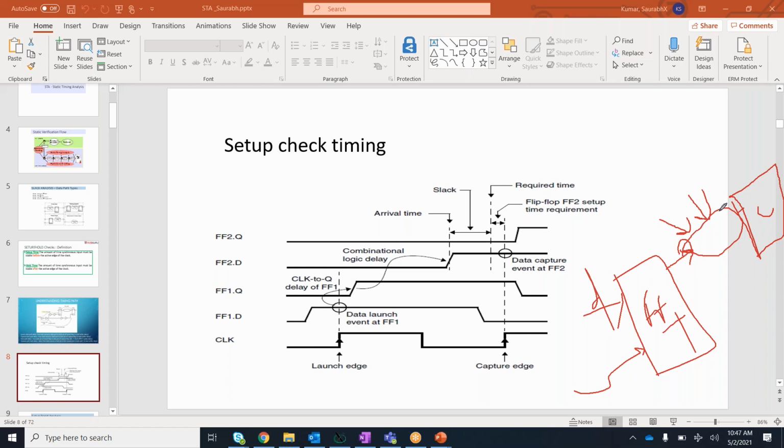It's like catching a flight: you started your journey, the path is nothing but a cab which you have taken to the airport, and you reached at this time. This is the actual arrival time.